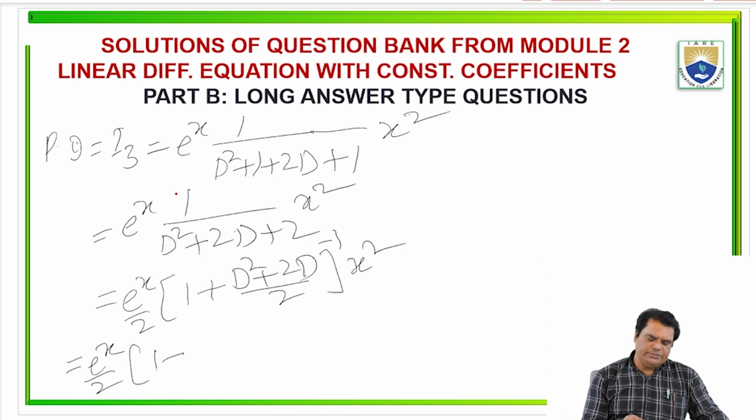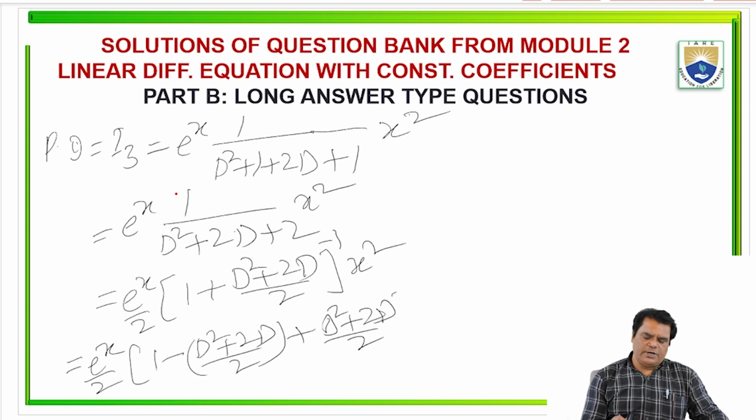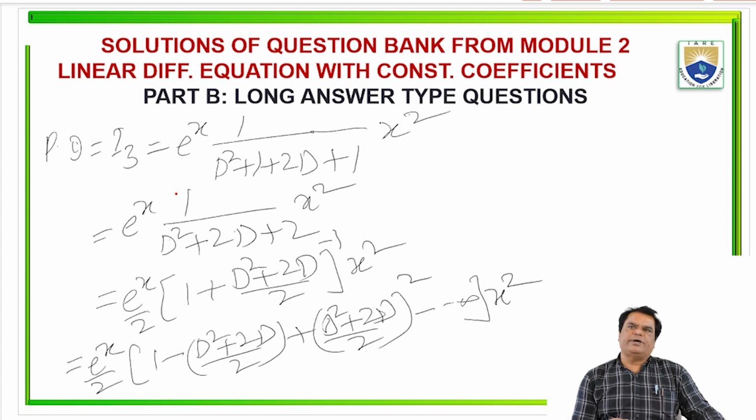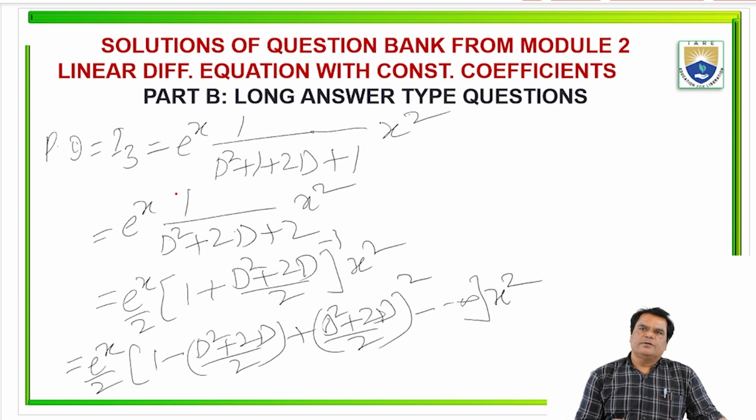So 1 minus (D square plus 2D) upon 2, plus ((D square plus 2D) upon 2) whole square, minus, and this goes up to infinity, acting on x square. Here only this bracket we are taking; the next bracket is 0.